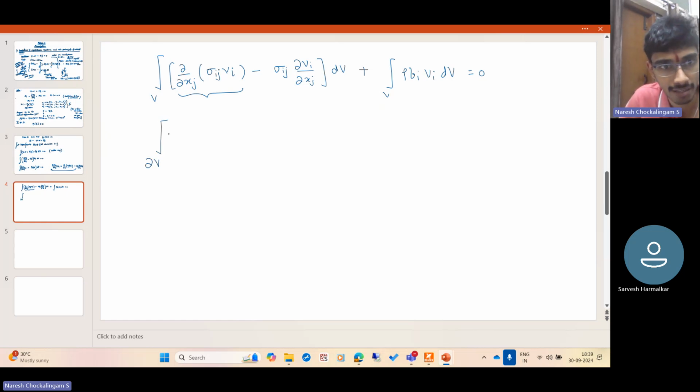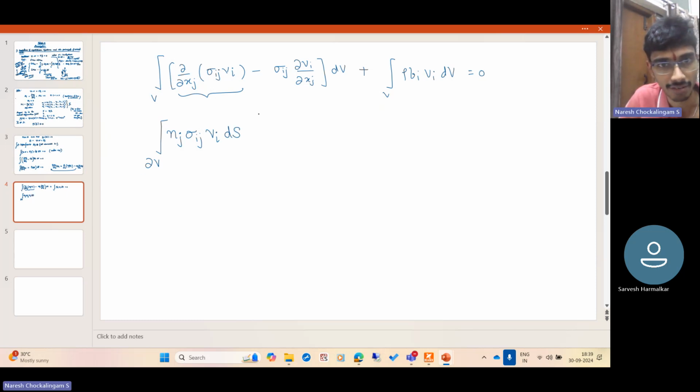The shortcut to remember this is whenever you have something with derivative with respect to xj, replace that derivative with nj, which is the jth component of the normal to the surface at any point, and keep the argument of the derivative as it is, sigma ij vi ds.